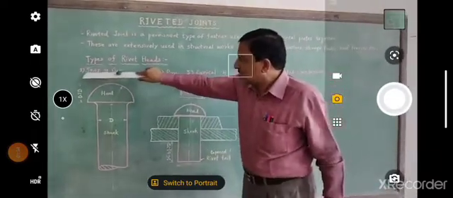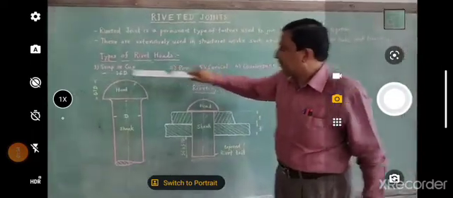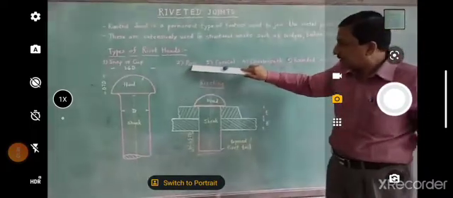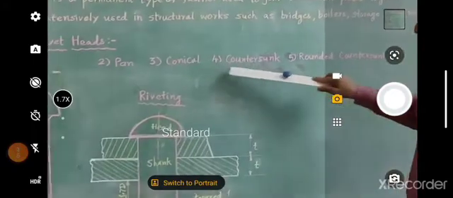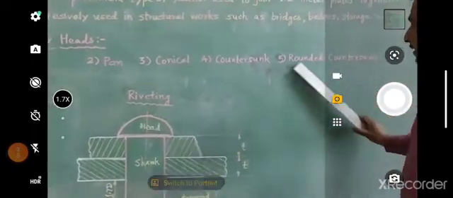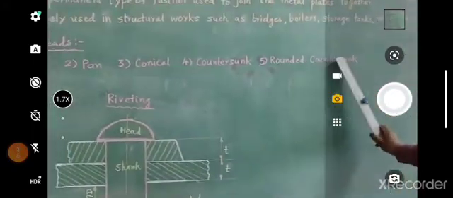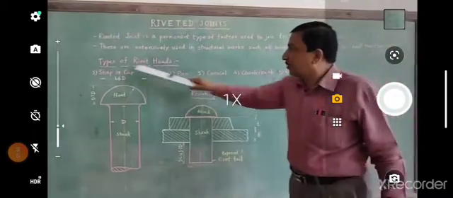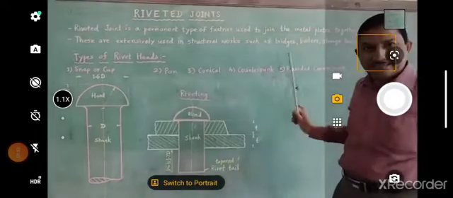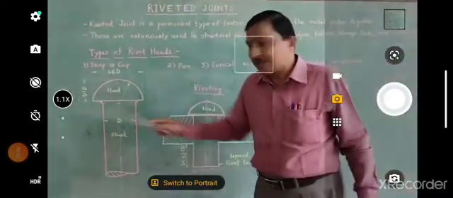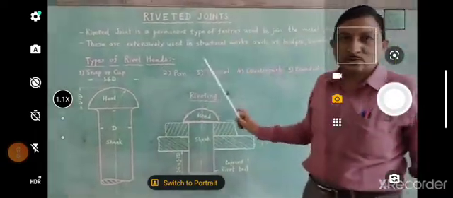The first one is snap or cup type, second is pan type, third is conical, fourth is countersunk, and fifth is rounded countersunk. These are the types of rivet heads. The diagrams of the respective rivet heads I have already given in the workbook. You can go through it.